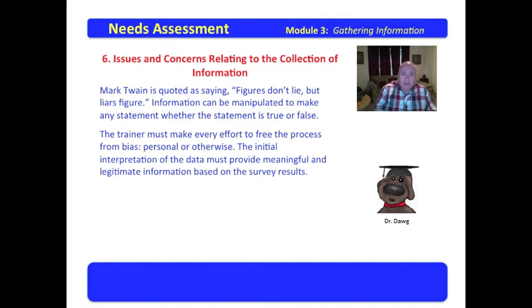You must make every effort to free the process from bias, personal or otherwise. The initial interpretation of the data must provide meaningful and legitimate information based on the survey results. Bias in a survey question will kill you. It will destroy your legitimacy and everything else that you're trying to accomplish. Failure to protect the survey results invalidates the needs assessment process.